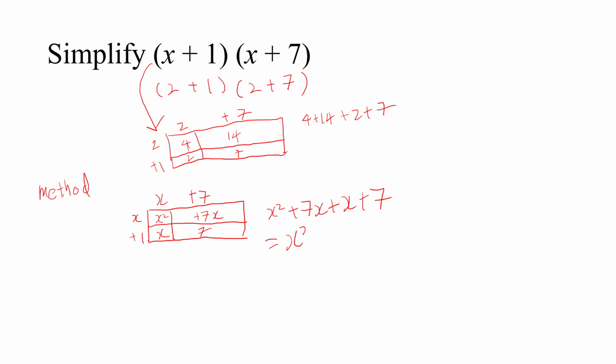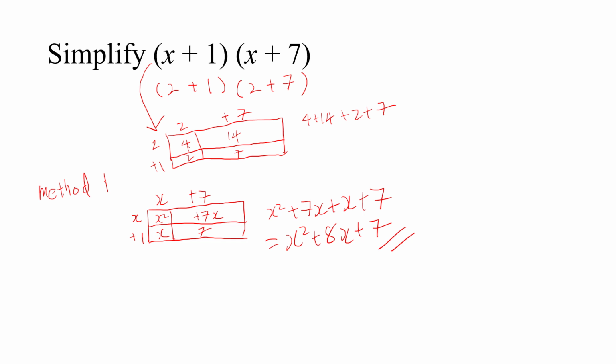I will get x squared plus 8x plus 7. So this will actually be the final answer to this question, simplifying this expression. Basically, it is expansion, so to expand, I just multiply them together. So this is the first method, which I forgot to write down here. Please pause the video and copy the method down.